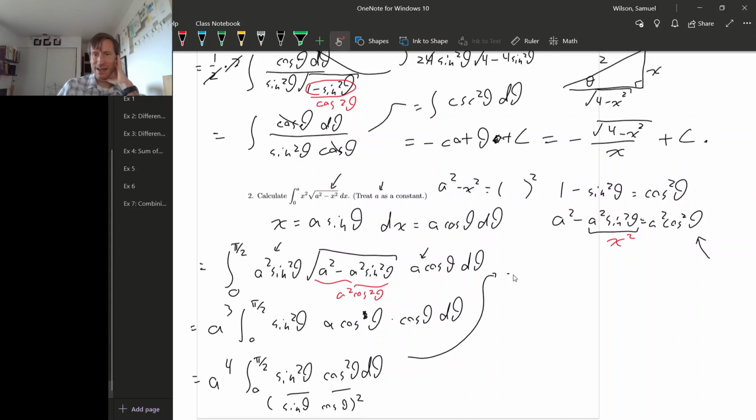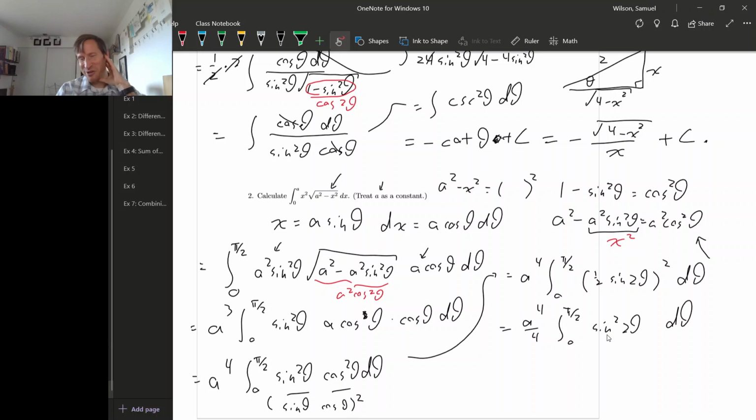So I get a to the 4th out front, integral from 0 to pi over 2, and then this whole thing squared, and sine theta times cosine theta is 1/2 sine 2 theta. All right, and d theta. Okay, so now when I square this, the 1/2 turns into 1 over 4, so let me move that out front: a to the 4th over 4, integral from 0 to pi over 2 of sine squared 2 theta, d theta.